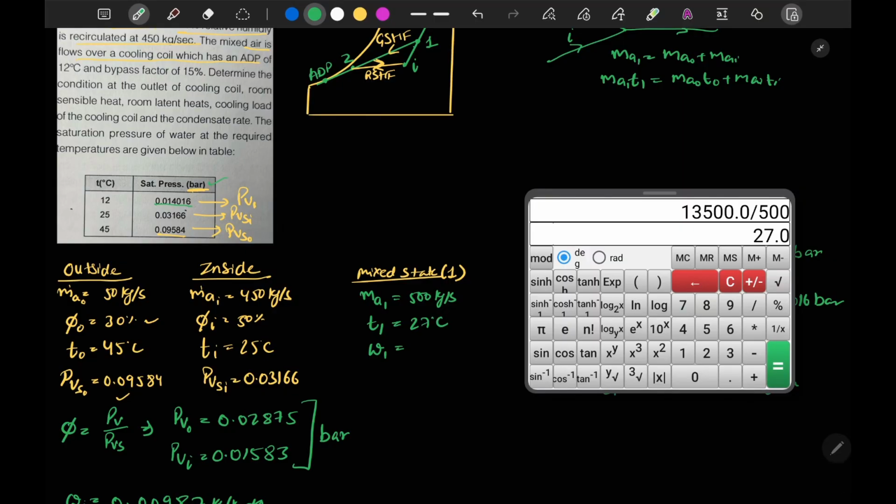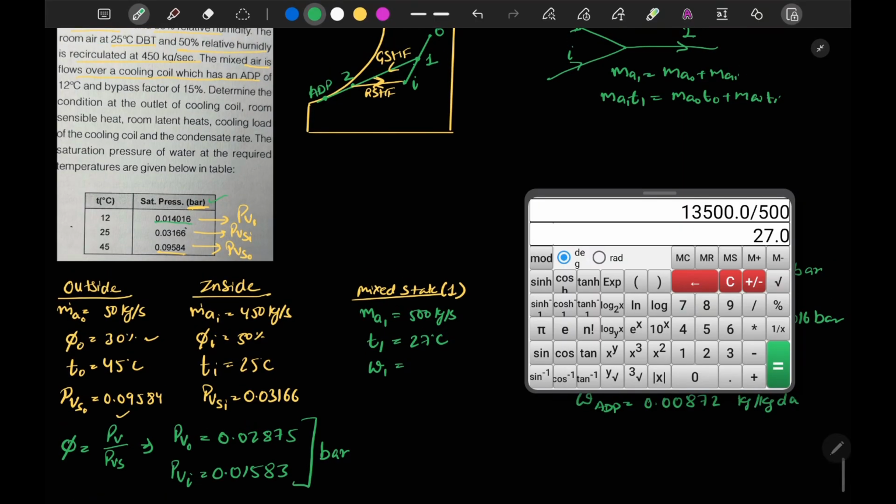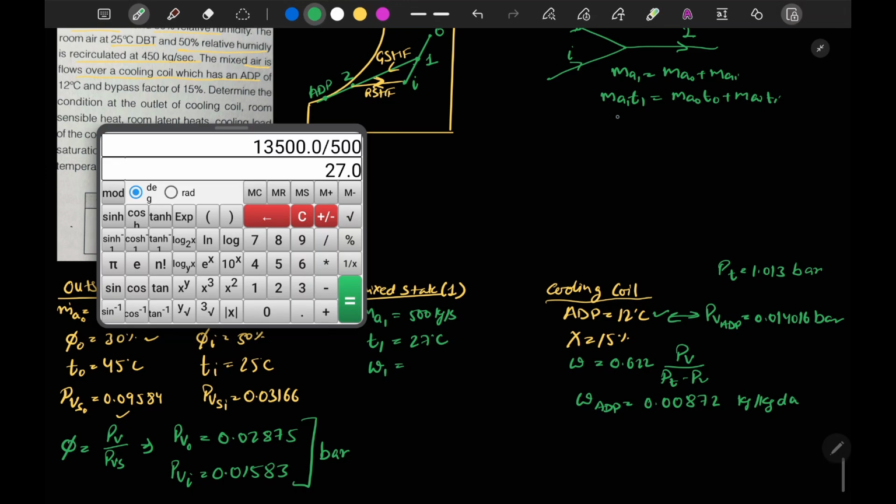Now, talking about omega 1, the mass of vapor at 1 is equal to mass of vapor outside plus mass of vapor inside. I can convert it using humidity ratio: omega 1 MA1 is equal to omega naught MA naught plus omega I MAI.